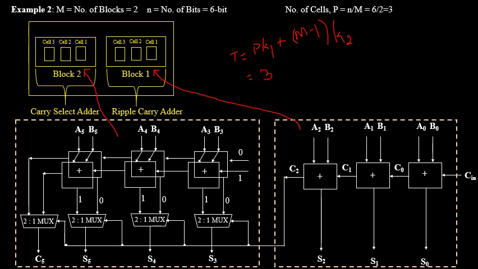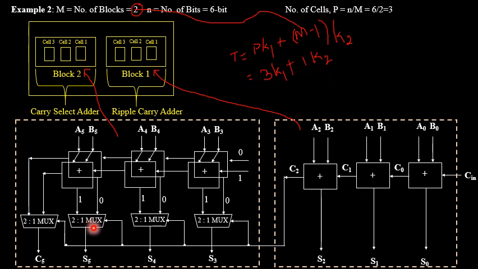So it is 3 multiplied with K1 plus M we have it as 2, so 2 minus 1, which is equal to 1 into K2. Right? Because M value is given as 2. So hope you understood this, how to calculate the computation time.